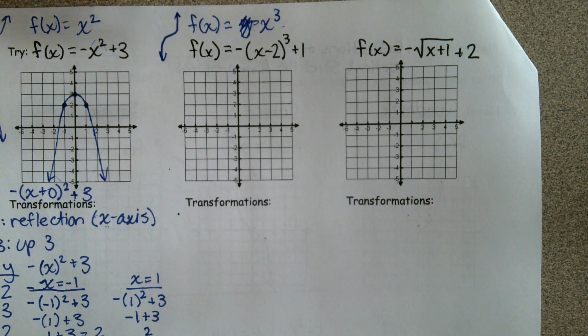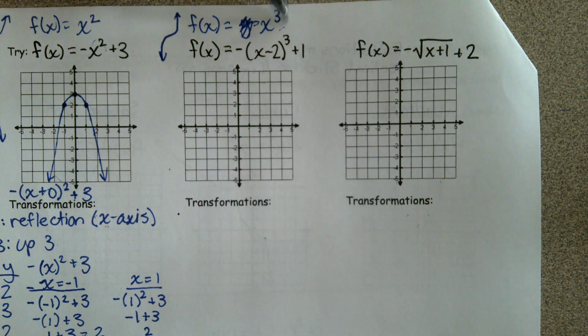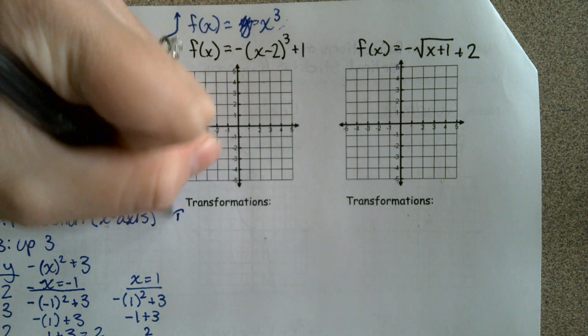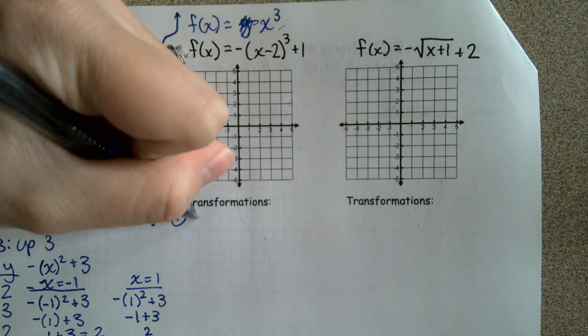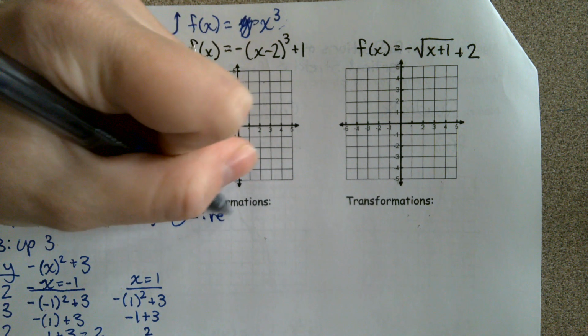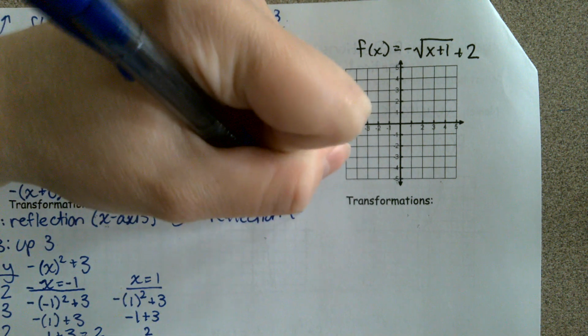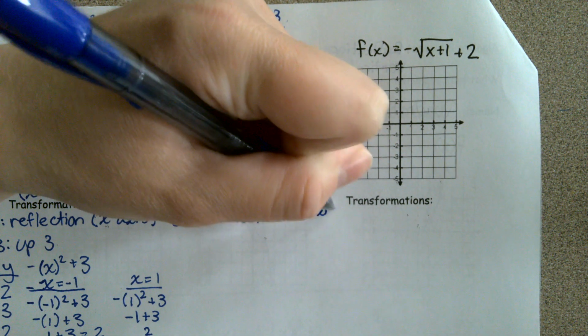Transformations, there are going to be 3. We look from the original to what we have. We've got 3 main differences. First is that negative out in front. Again, that means reflection over the x-axis.